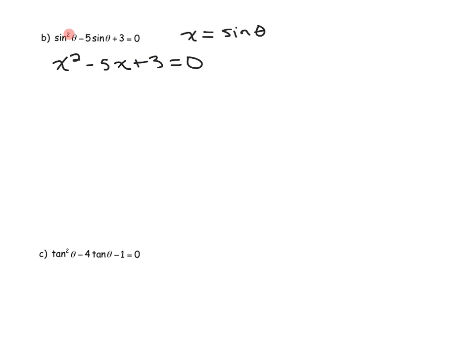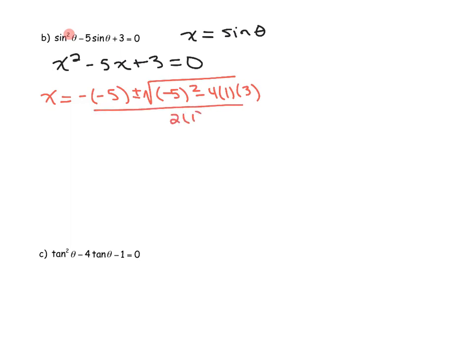Now this is not going to factor nicely, so again, we're going to use the quadratic formula, where I have x equals negative 5 plus or minus the square root of negative 5 squared minus 4 times 1 times 3, all over 2 times 1.